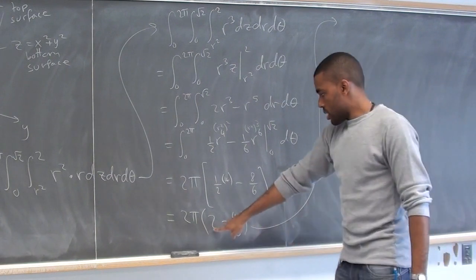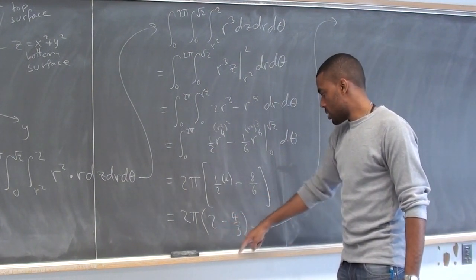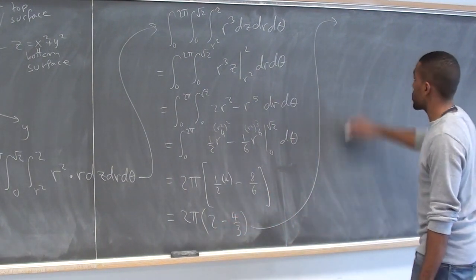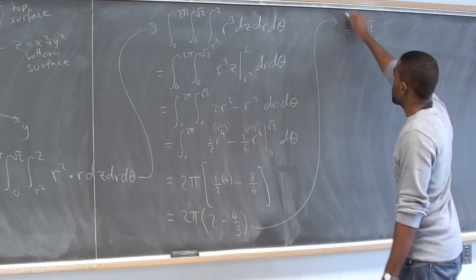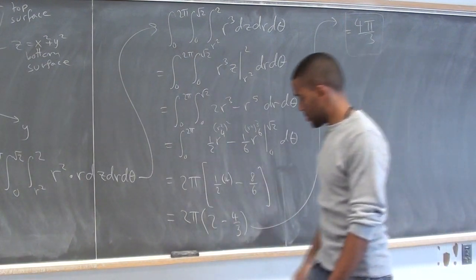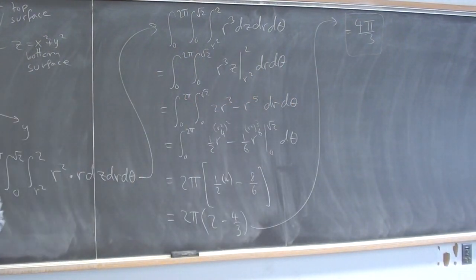This is 6 over 3 minus 4 over 3, which gives me 2 over 3. So this gives me 4 pi over 3. In terms of difficulty, the question that we should expect in our exam is similar to the other problem that was given to us.